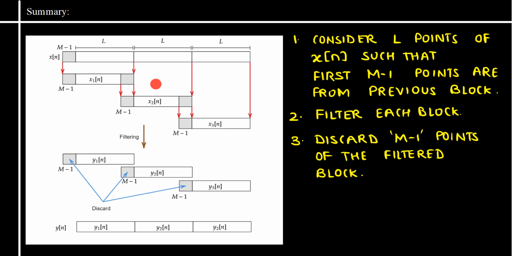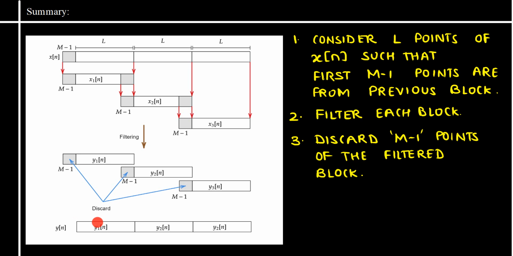This filtering operation is done using circular convolution, such that the filter is also made of length L plus m-1 by appending L-1 zeros. Then once we perform the circular convolution, we found that the initial m-1 points of each of the filtered outputs are corrupted due to aliasing, and we need to discard them.